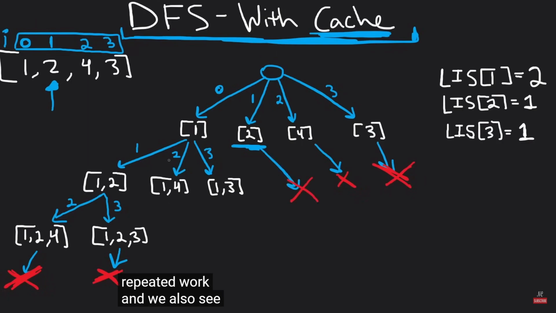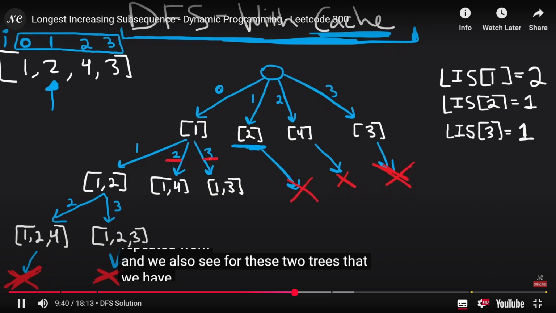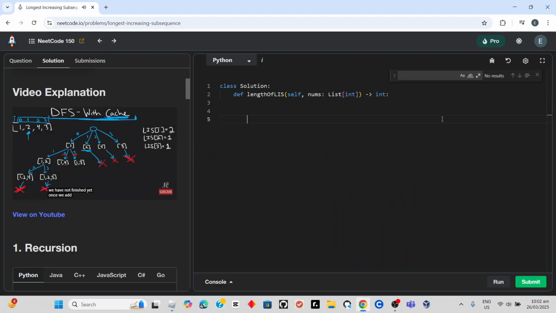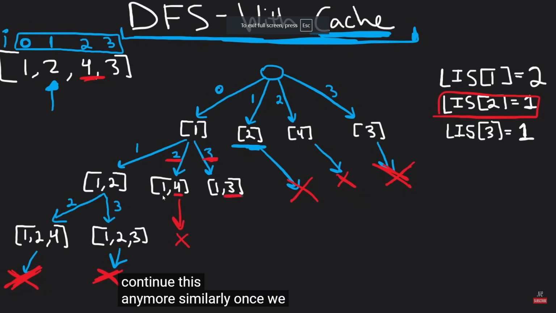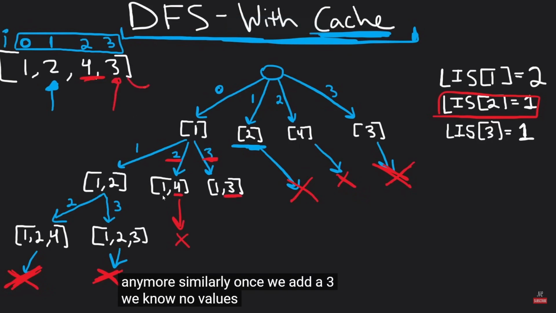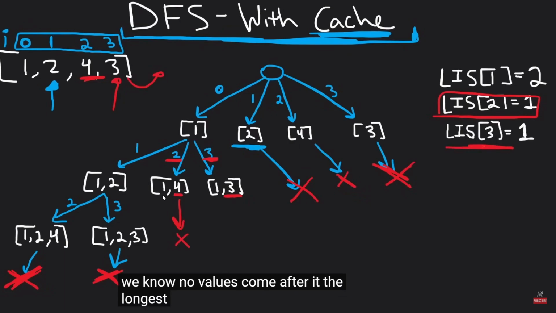And we also see for these two trees that we have not finished yet, once we add a 4, the longest increasing subsequence at index 2, which is where 4 is at, is going to be 1, so we cannot continue this anymore. Similarly, once we add a 3, we know no values come after it. The longest increasing subsequence starting at index 3 is just 1.